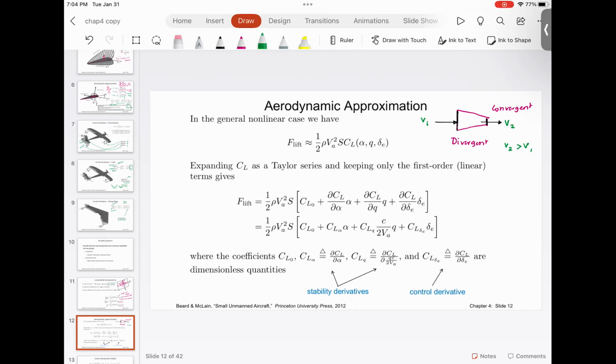Do you agree with me? Now let's think about it a bit. Velocity at inlet is less than the velocity at exit, which means the kinetic energy at exit is greater than the kinetic energy at inlet. Do you agree with me?